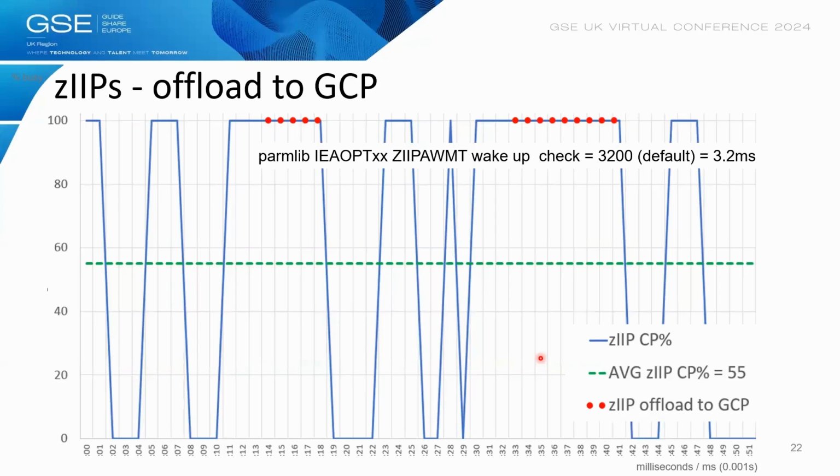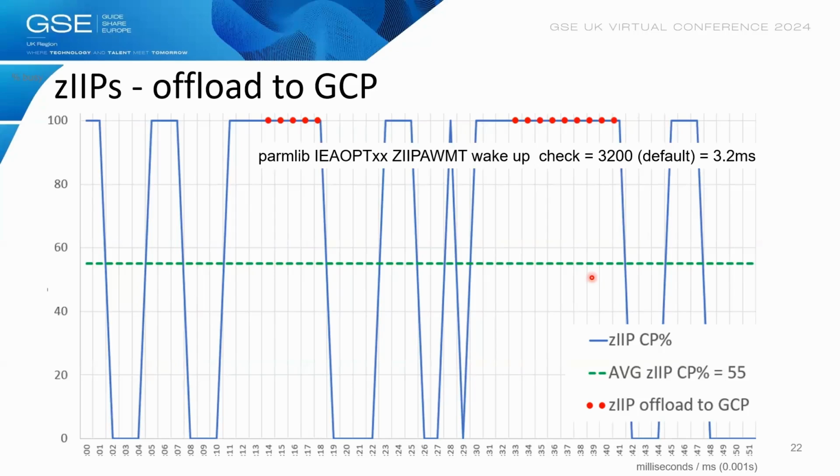An example here: this average zIP utilization was 55, but we do see that this zIP is 100% busy here, 0% busy here, 100% busy here, again 0% busy here, and so on. So on average, we really have 55%. But 55 means that there are 55% of the periods when the processor was 100% busy.